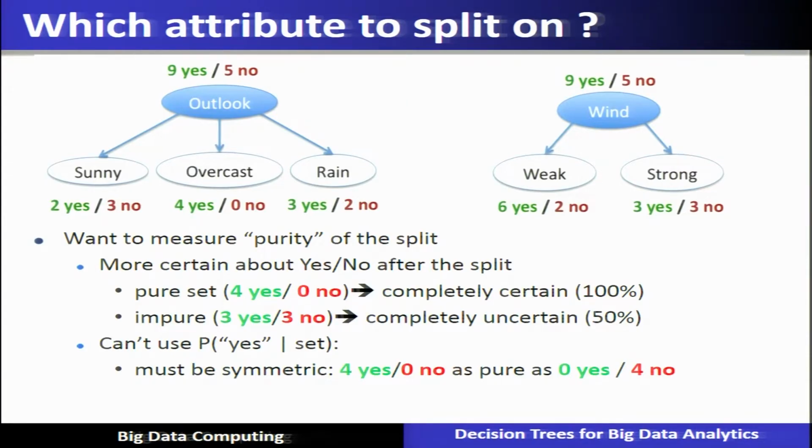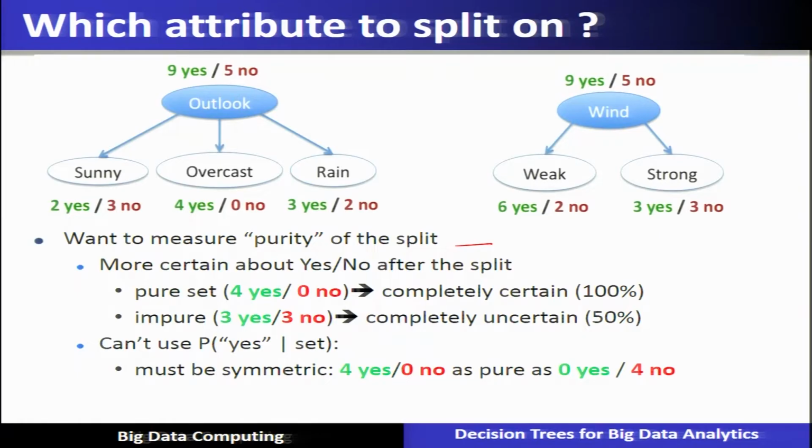Now, let us see that it wants to measure the purity of the split, and this is the way it is going to take the decision of which attribute to split on. So, based on the purity of the split, the decision is to be evaluated.